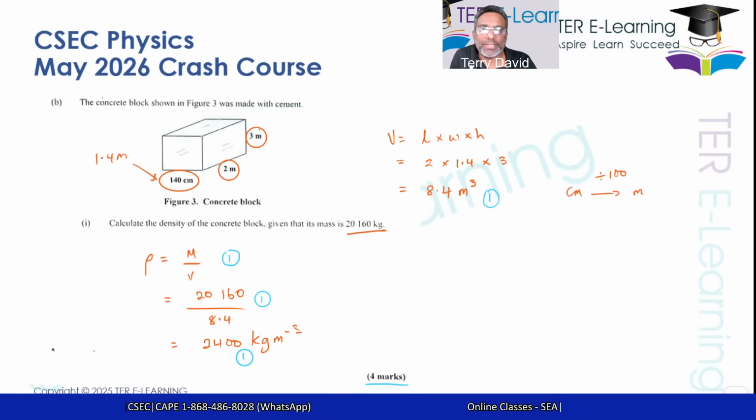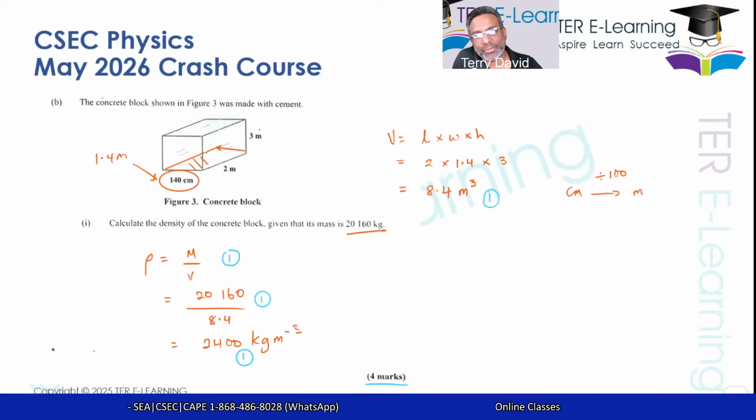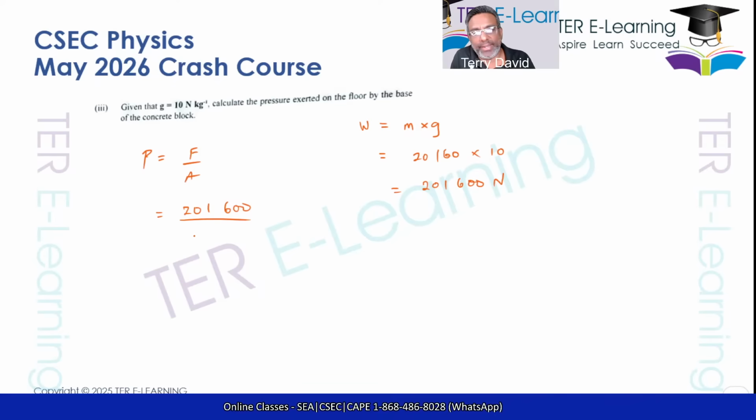But the area that you are concerned with here is this area here, this base at the bottom. This piece is what you're concerned about. You need to work out this area here. Since it's a rectangle, we need to take 1.4 and just multiply by 2. So this area here is going to be 1.4 multiplied by 2.